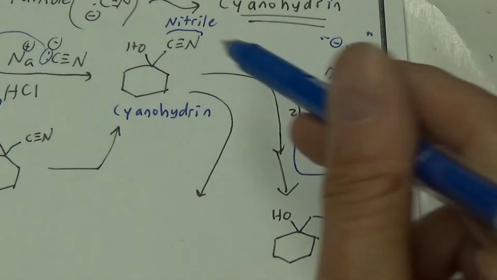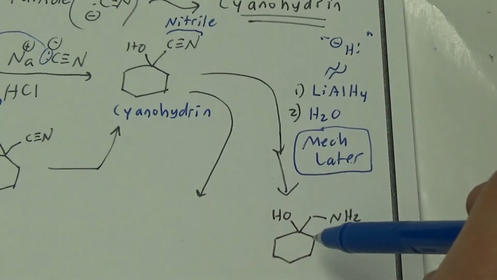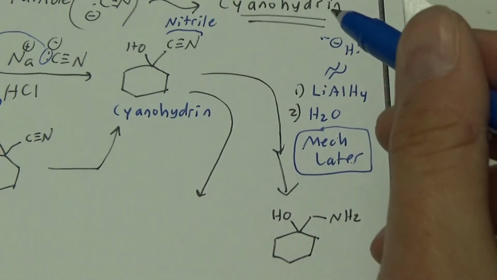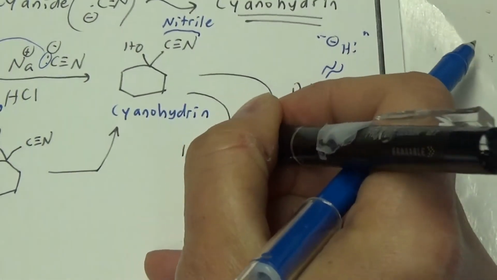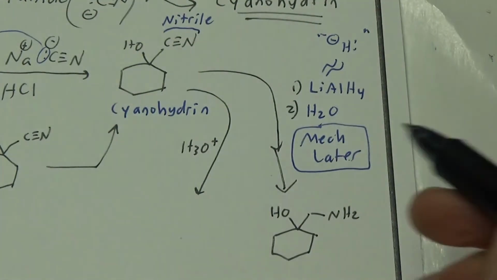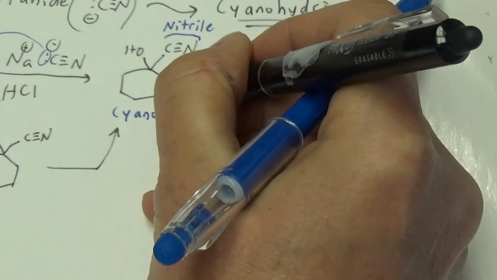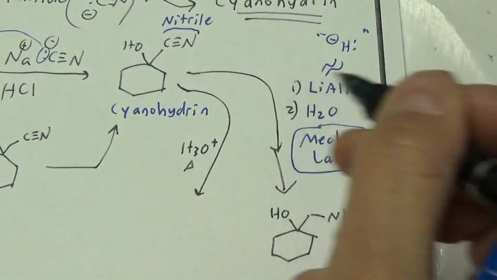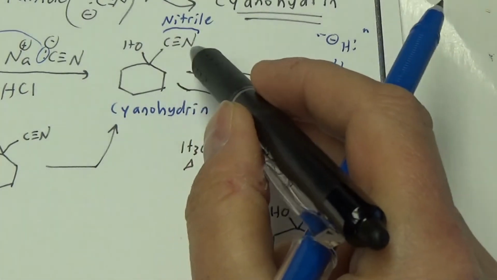Right. So that's a reductive thing you can do to a nitrile. The other thing is not a reductive thing, but a hydrolytic thing, and that's acid water, H3O plus. So another thing you can do to a cyanohydrin, or we'll just say nitrile in general, is treat it with acid and maybe a little bit of heat. And of course, this is 3 bonds to nitrogen.